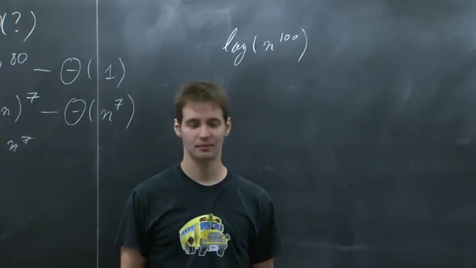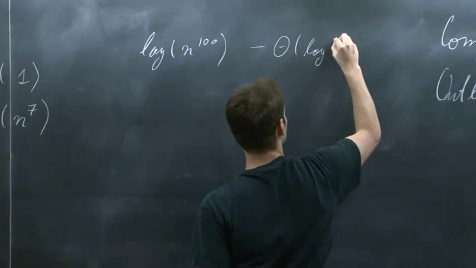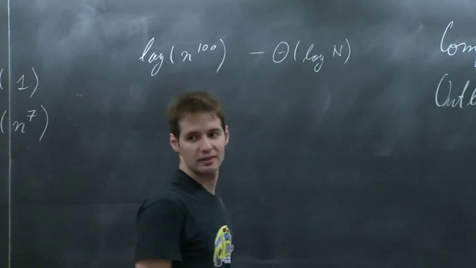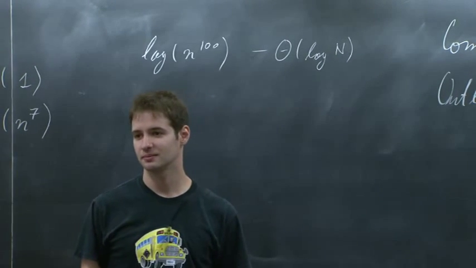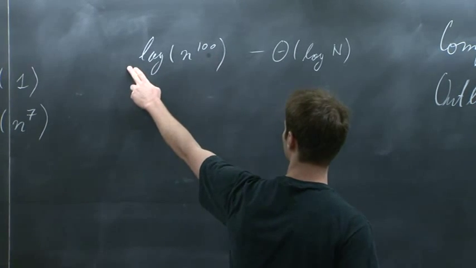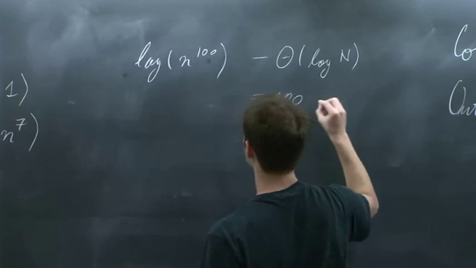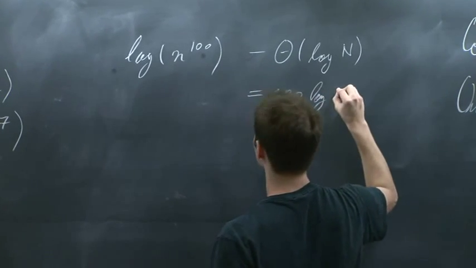Log n. Okay, excellent. Why is that the case? That's equal to 100 log n. Okay, so when I have an exponent here, I can pull it out in front of the log as a constant factor. So this is the same thing as 100 log n.